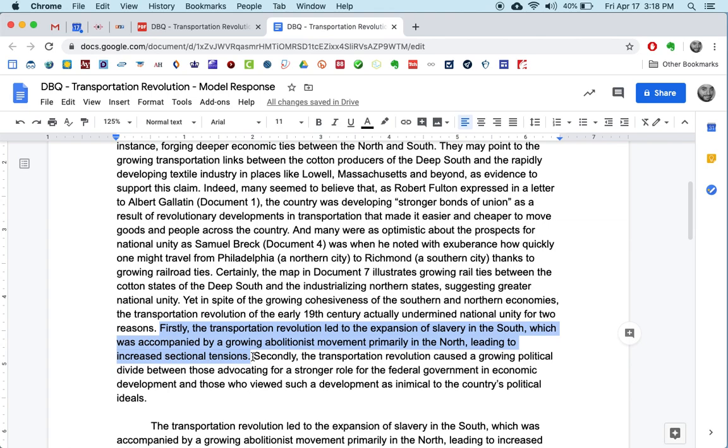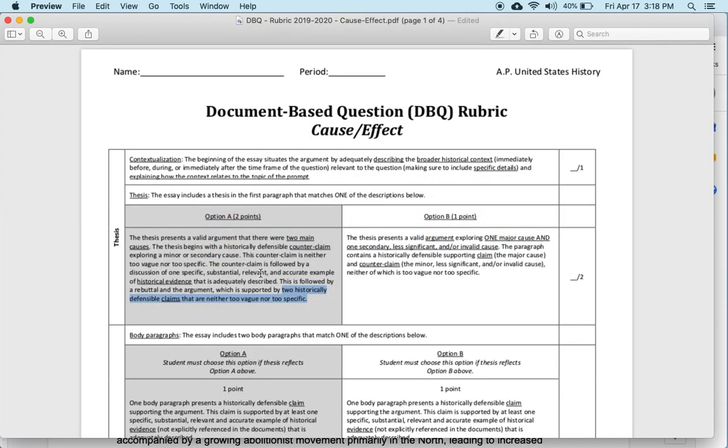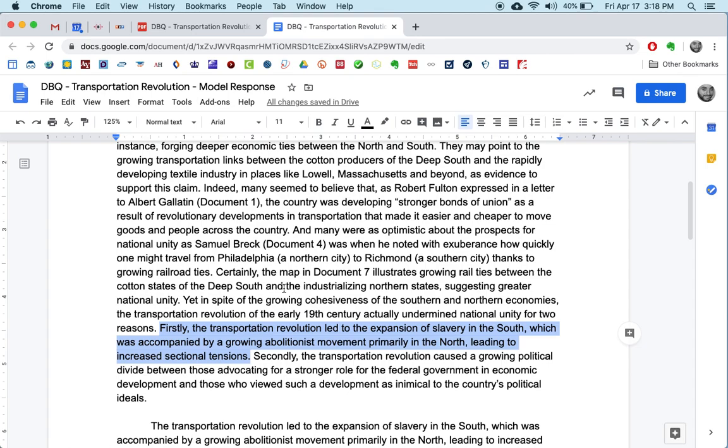Now notice how we've been talking all year about how your claims should not be too vague nor too specific. Too vague would be something like, firstly, the transportation revolution led to economic disunity. Well, what does that mean? What aspect of the economy?